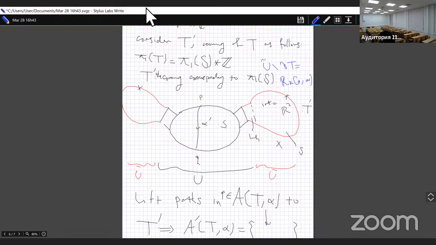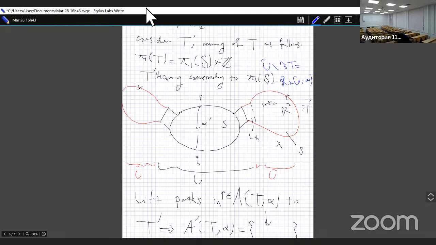Okay, so the boundary of T lies downstairs. It's part of T. U tilde is the universal cover of U. I forgot the reason. I figured this out, but I don't want to try.